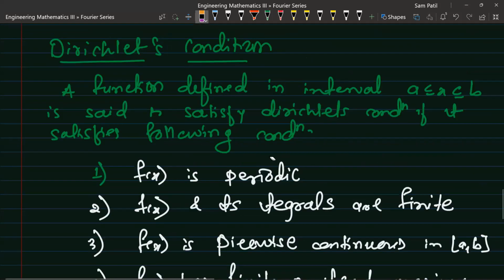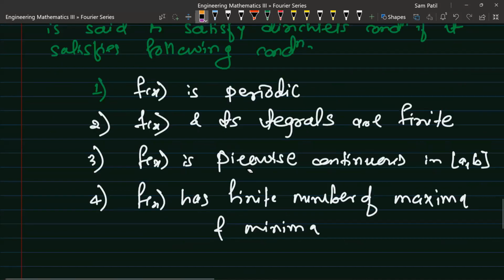So if these four conditions are satisfied by the given function, then it is said to satisfy the Dirichlet condition. So don't break your head with all these conditions if you haven't understood this, because we are not using these conditions for solving the examples. We will not be checking whether the given function satisfies the Dirichlet condition or not.